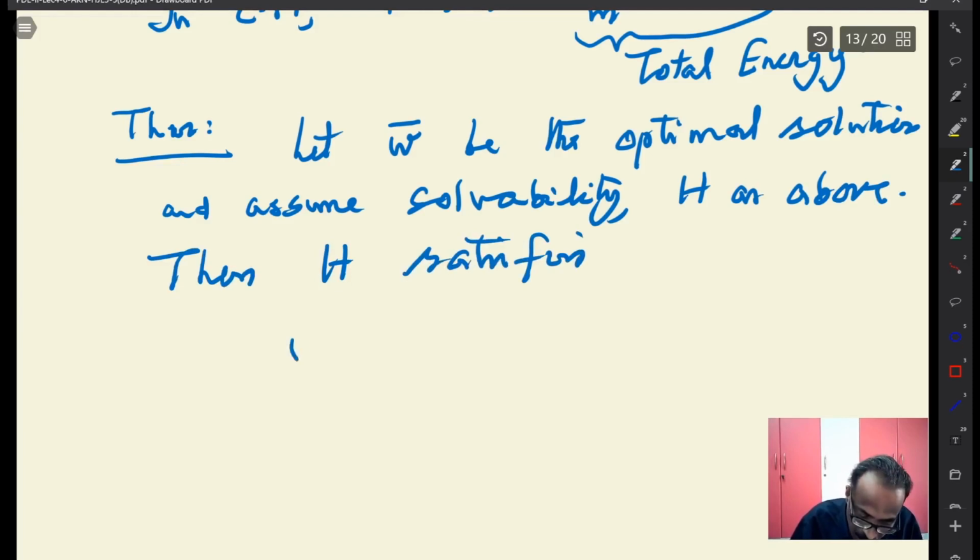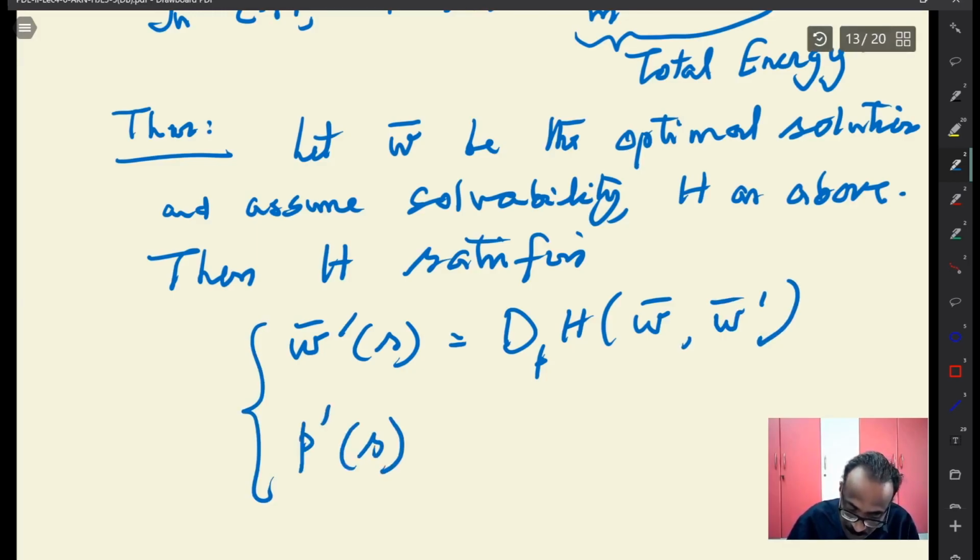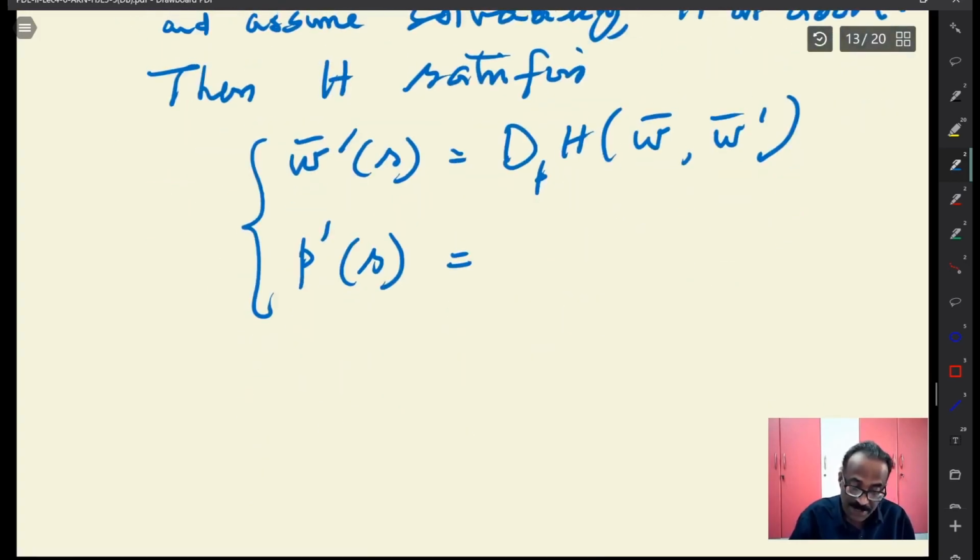W bar prime of S is equal to dp of H of W bar, P, and this is a system of n equations, and then you are writing the system on P. So this is a system in W and P. The earlier one was the Euler-Lagrange equations for W and W prime.